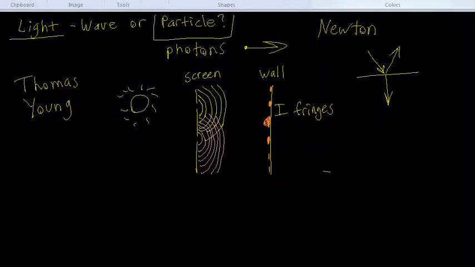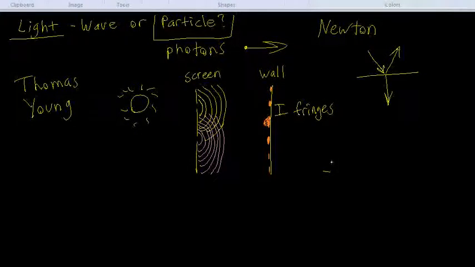Essentially, the two waves interfere with each other. And what that means is if you look at a particular spot between the two slits, if the distance from the two slits is the same, then the waves will have traveled the same distance and look the same.